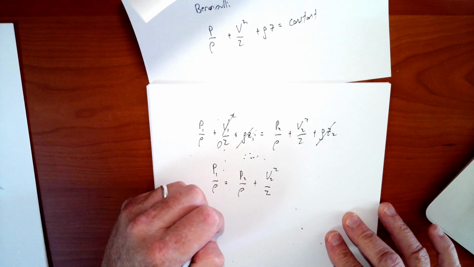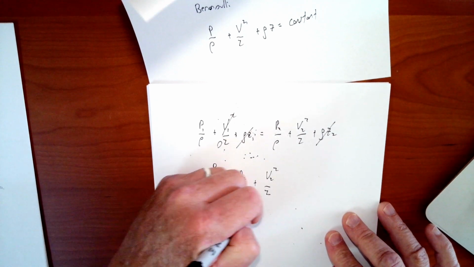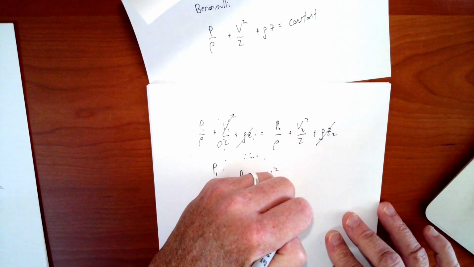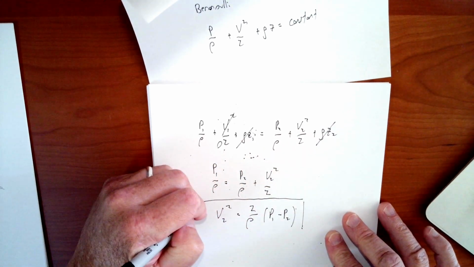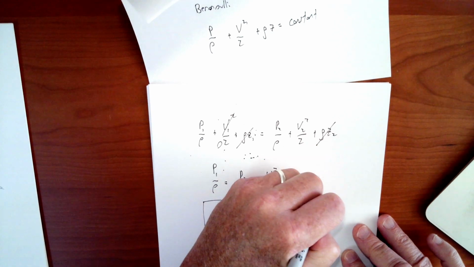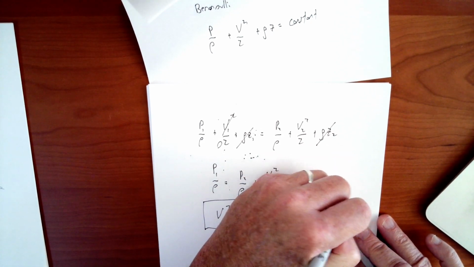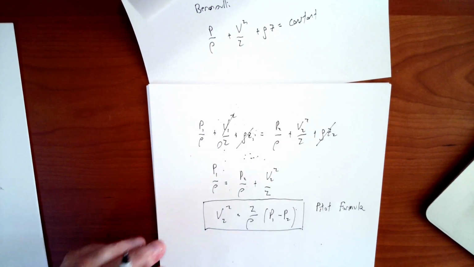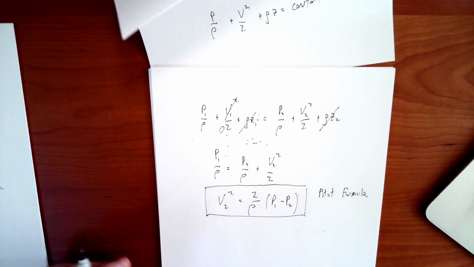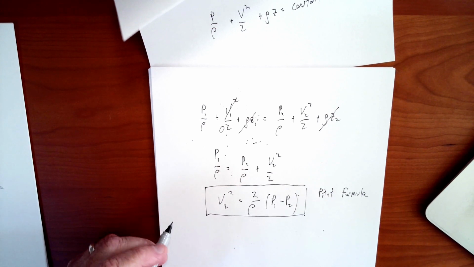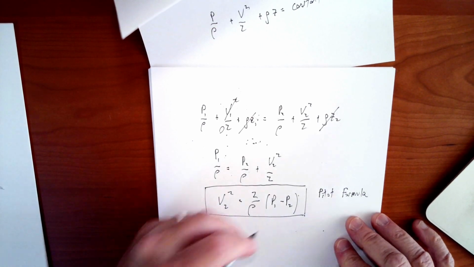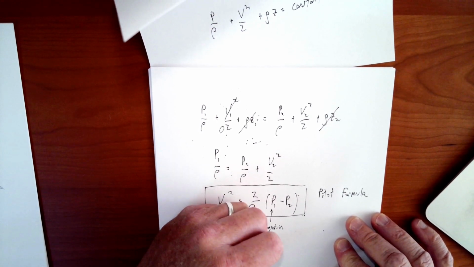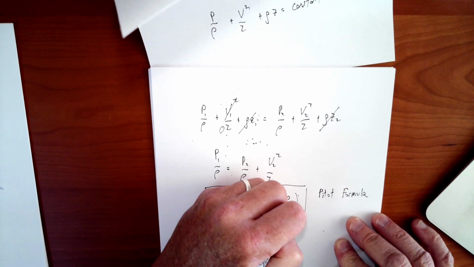So V2 squared is equal to 2 over rho times P1 minus P2. And that equation also has a name. That's called the Pitot formula. The Pitot formula allows you to calculate velocities based on the difference between the stagnation pressure and the static pressure. So this is the stagnation pressure, and this is the static pressure.